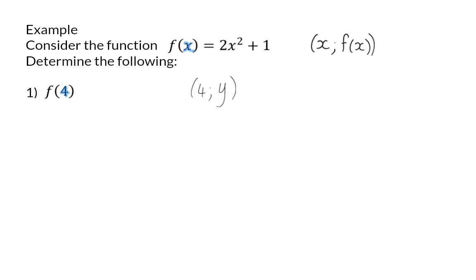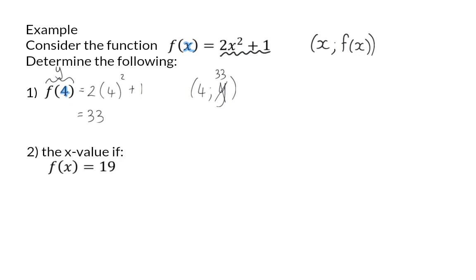To determine this specific y value, we are going to take the right-hand side and repeat what was done on the left-hand side, which is substituting x with 4. So once substituted, this will give us a value of 33. Remember that f(x) represents the specific y value. So in this case, the y value, when the x is 4, will be 33.